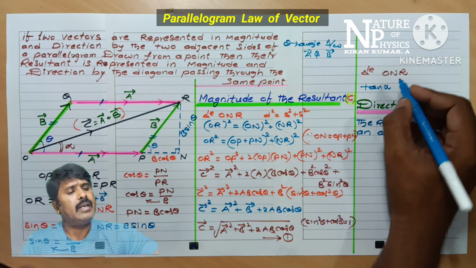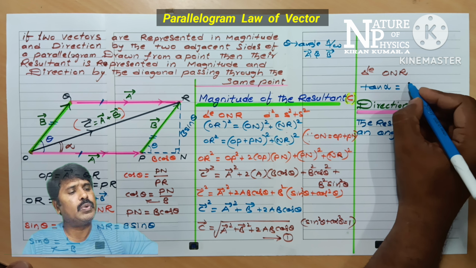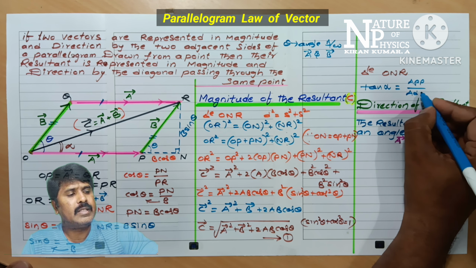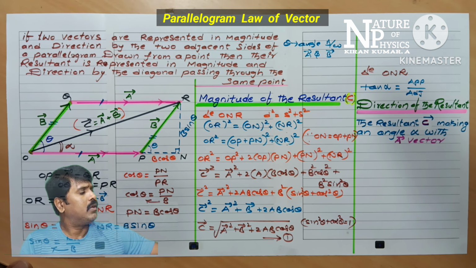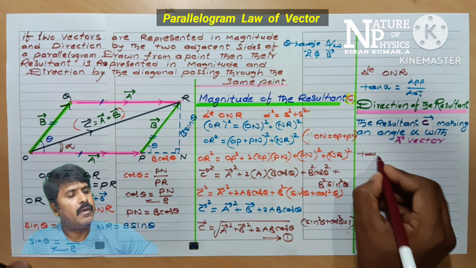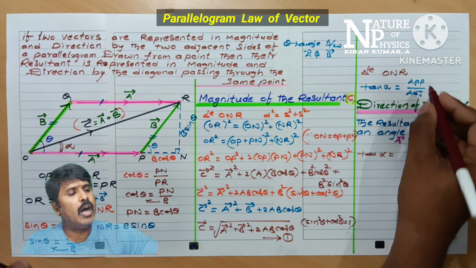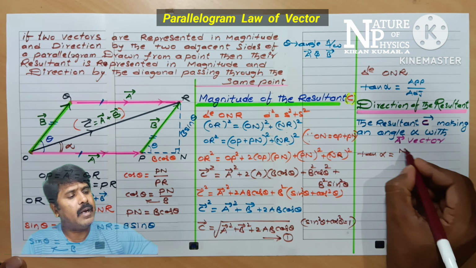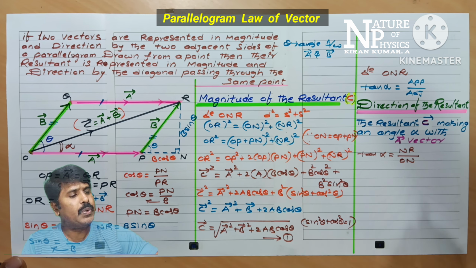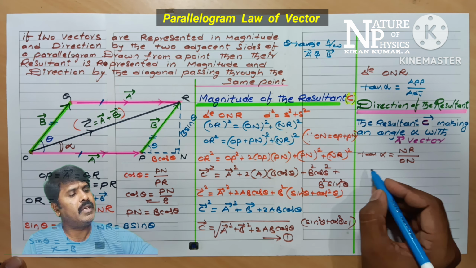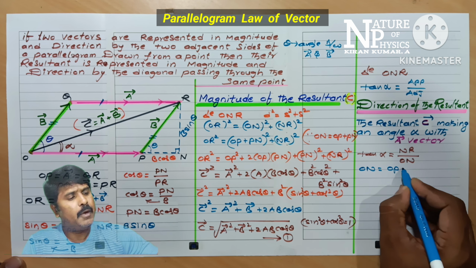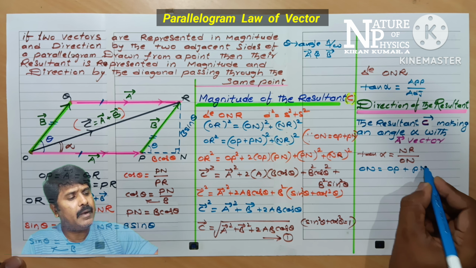Okay, so tan alpha is equal to the opposite side divided by the adjacent side, student. Replacing the values now, tan alpha is equal to the opposite side NR over the adjacent side ON, student, and replacing ON, which is equal to OP plus PN.